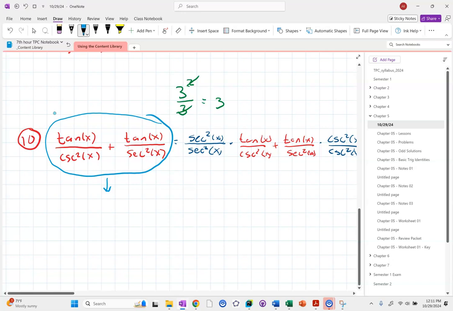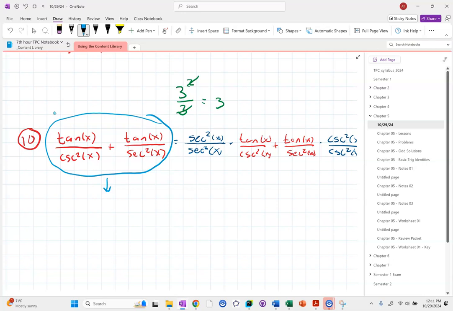The other common denominator we could have made is 1. That's the common denominator I would choose to make. What do I need to multiply cosecant squared by to turn it into 1? Not cosine squared, sine squared. Look at R4.